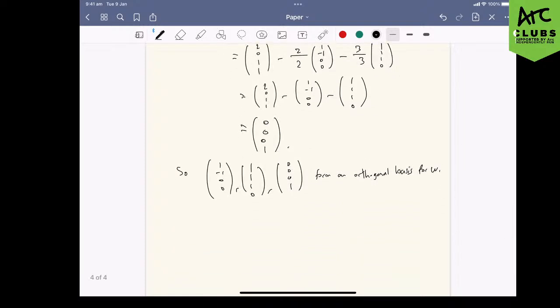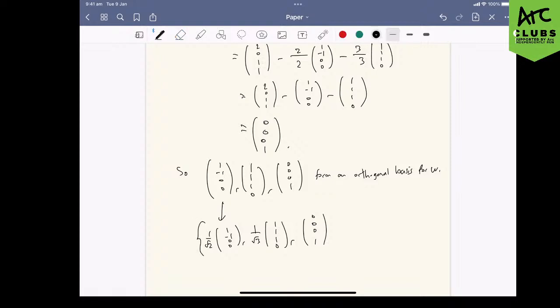But we wanted an orthonormal basis, right? And the way we do that, we just divide each of these vectors by their lengths. The length of the first one is root 2, so we divide by root 2. The length of the second one is root 3, so we divide by root 3. And the length of the third one is already 1, so dividing by 1 does nothing.